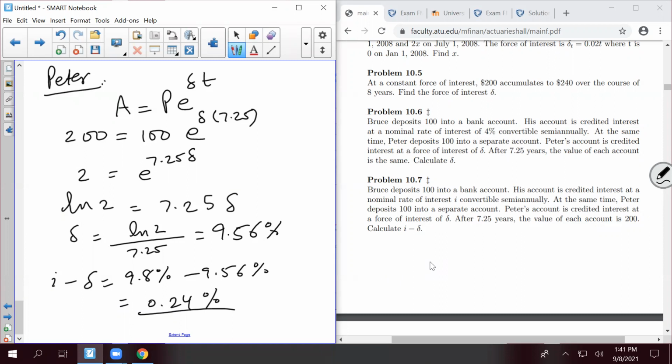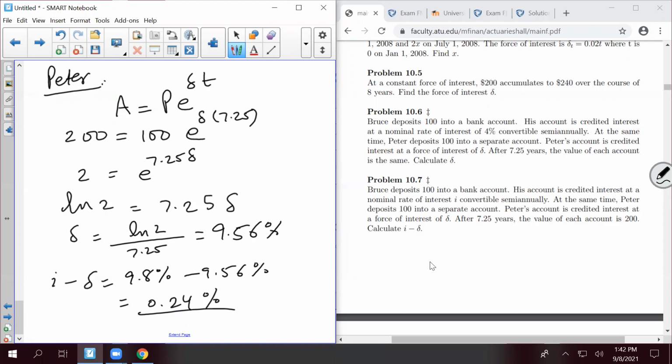Oh, yeah, this one is more of an abstract situation because I was Bruce's nominal rate convertible semi-annually and delta was the force of interest for Peter. So subtracting the two, okay, one thing which we can say is that everything was the same for both. They deposited the same amount and they collected the same amount.